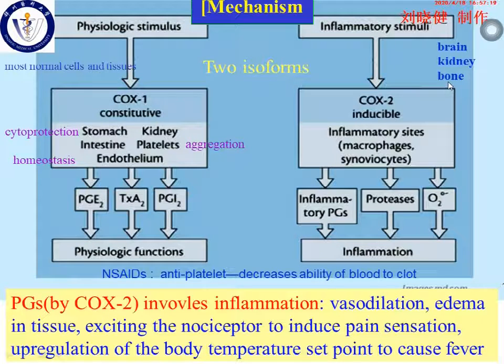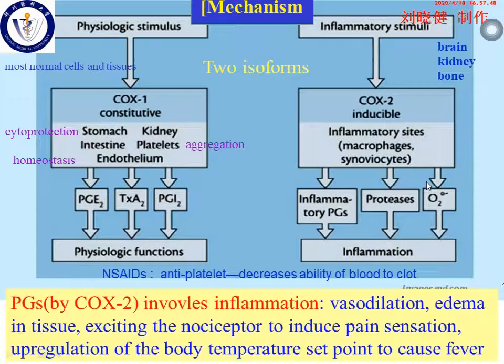But at other sites, COX-2 expression is increased just during stages of chronic inflammation. So COX-2 is induced in response to inflammatory stimuli in other tissues. That's why it is called the inducible type isoform, inducible COX-2.